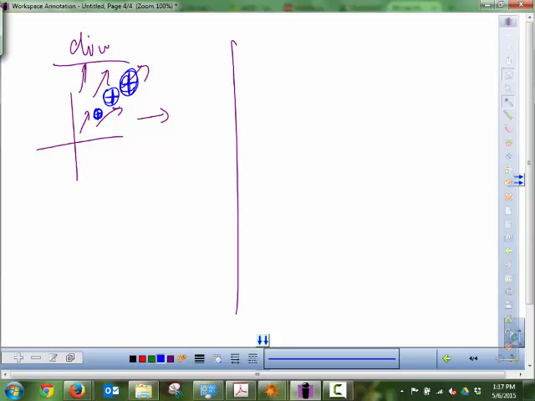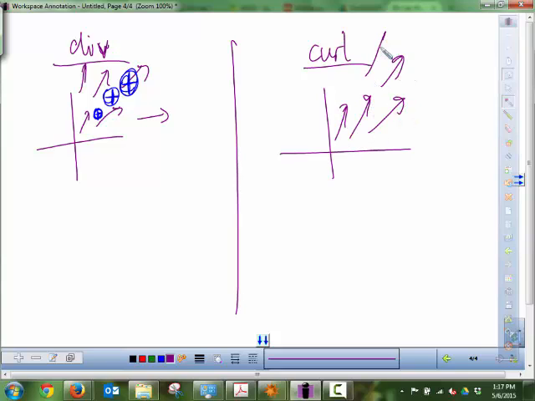That's the div. The curl follows a path. I need to be careful here now.